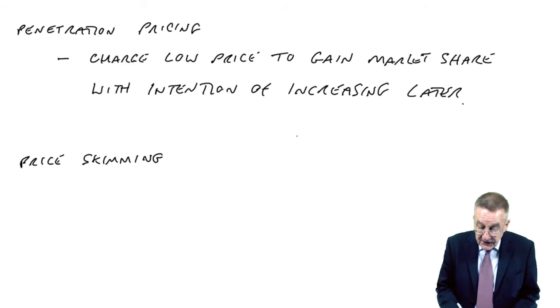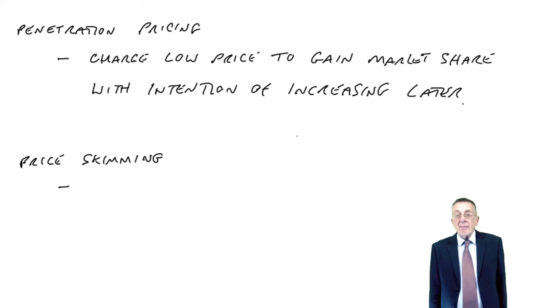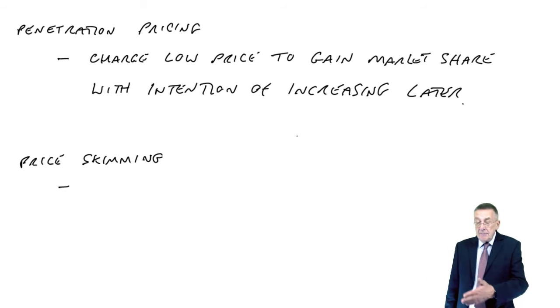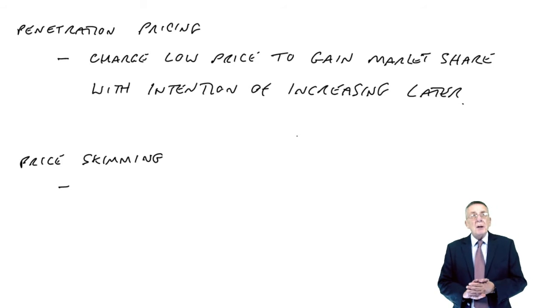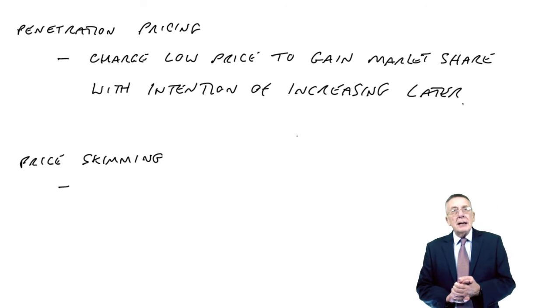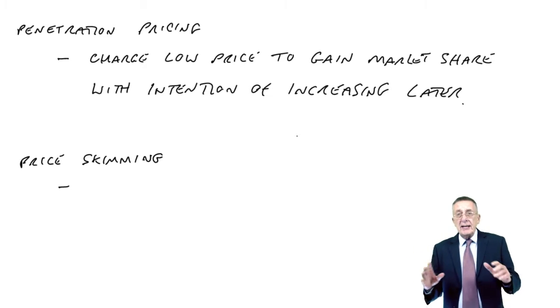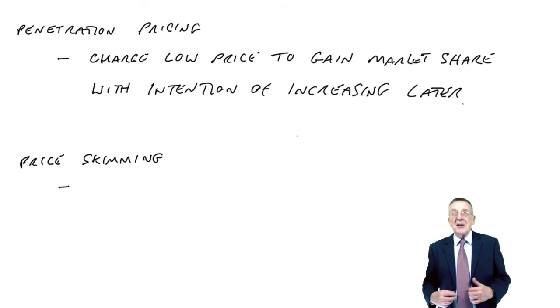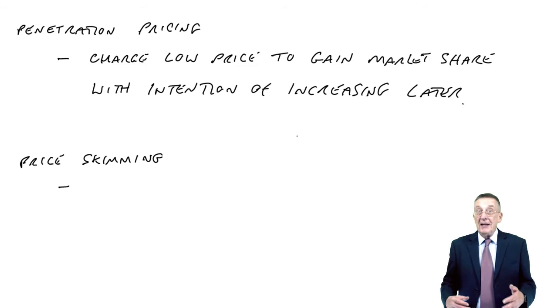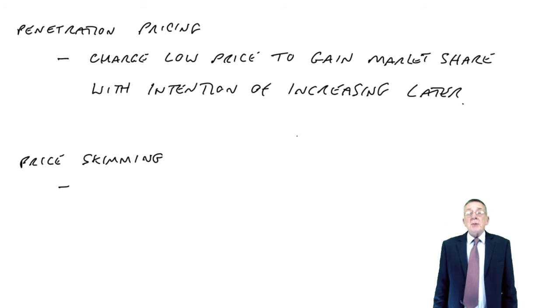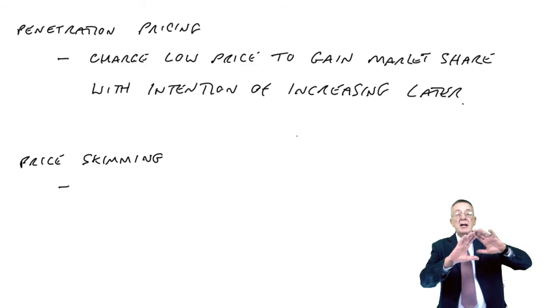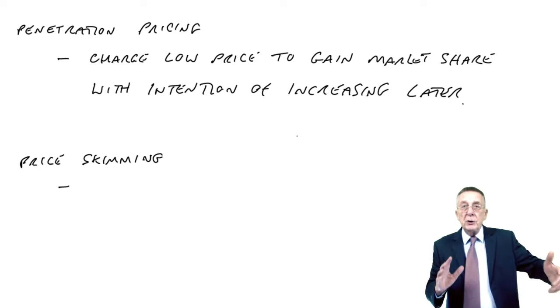Next one, price skimming. Before I write down, it's not really a definition but an explanation, let me give you an example. I remember when flat screen TVs first came in. Now I'm pausing because I can't remember how long ago it was, whether you would actually remember this. But it was certainly the case, in the days when there were big TVs with tubes.